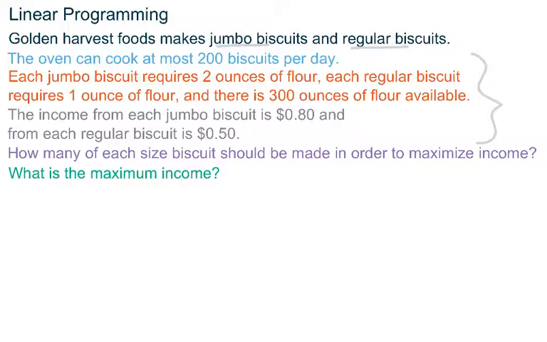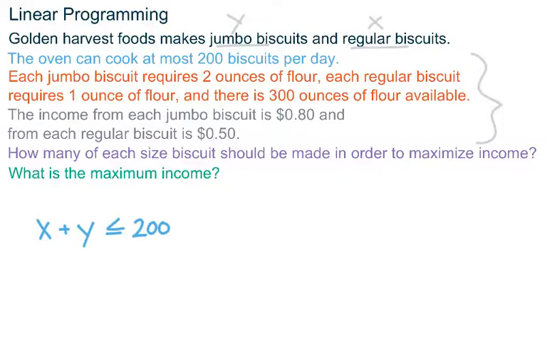So let's focus on setting our constraints up first. In order to do that, we need to identify what our variables will be. I'm going to let X represent regular biscuits and Y will represent jumbo biscuits. If we know the oven can cook at most 200 biscuits per day, that means X plus Y, the sum of all my biscuits, jumbo and regular, must be less than or equal to 200.